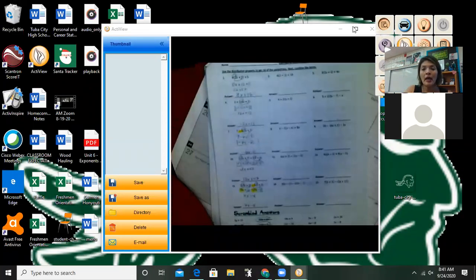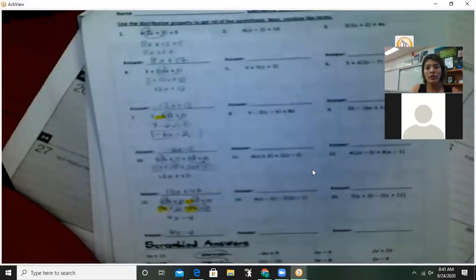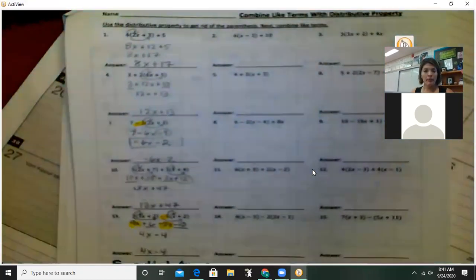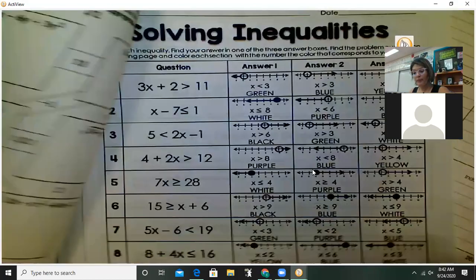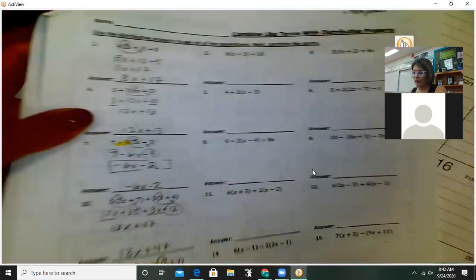So this is what we worked on yesterday, and I will focus it a little bit more. We worked on the distributive property. We worked on combining like terms a little bit in the back.